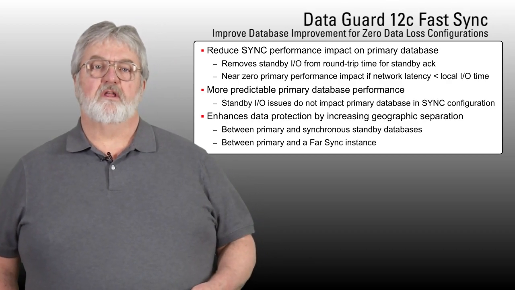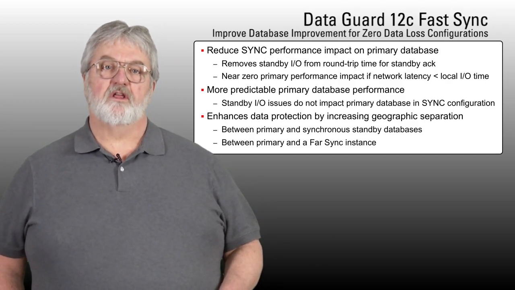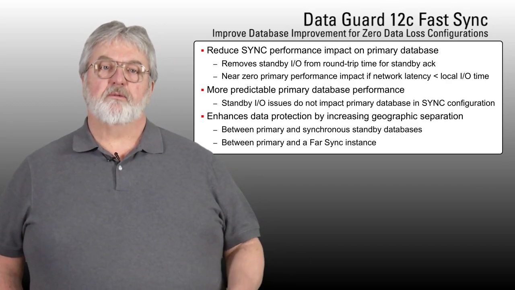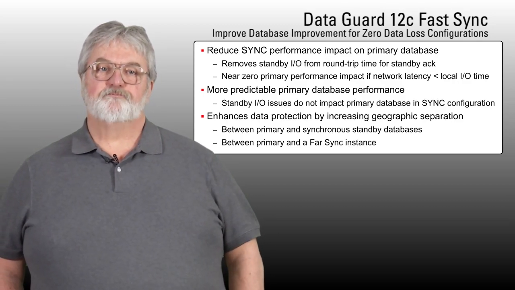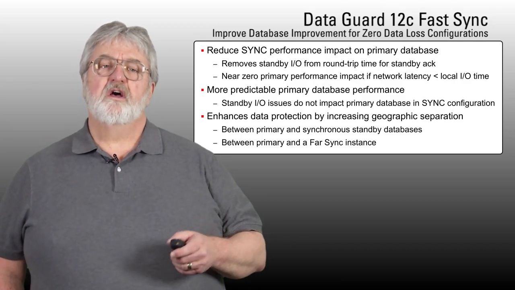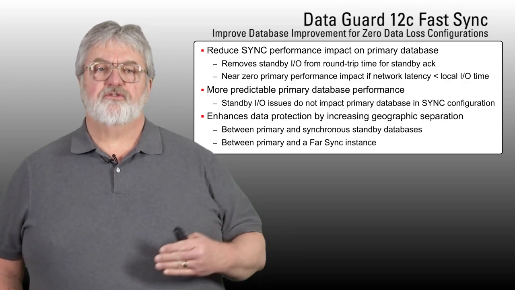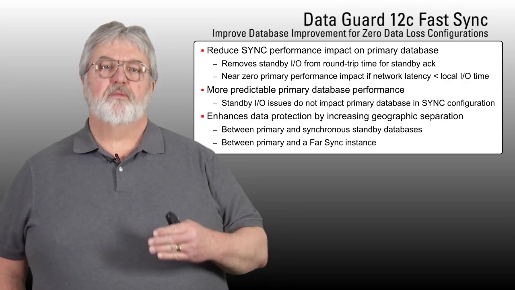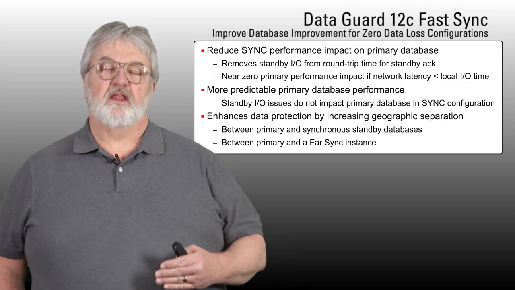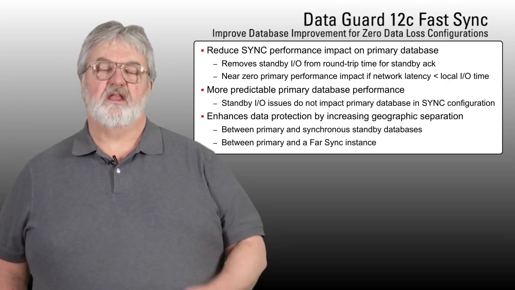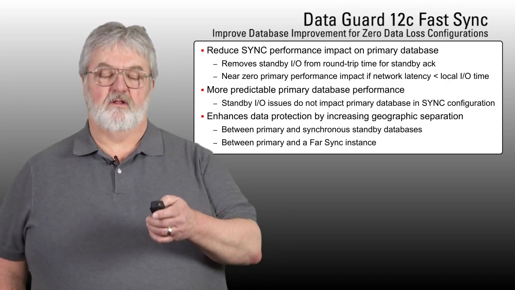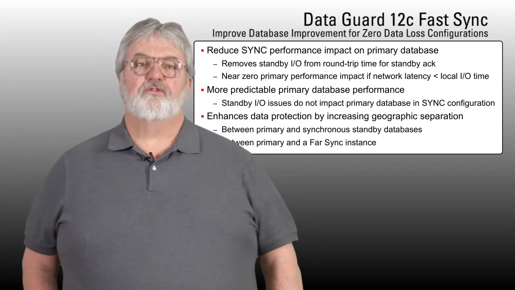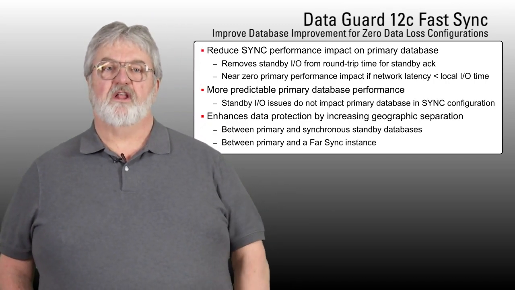One of the things we've done in Oracle Database 12c with Data Guard is reduce the impact by implementing a feature called Fast Sync. Fast Sync is the ability to do synchronous transport to your standby, but to eliminate the I/O it takes to write that information to the standby redo log file, therefore reducing the amount of time it takes for the transport to occur.